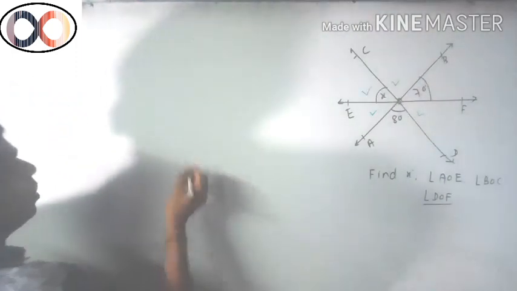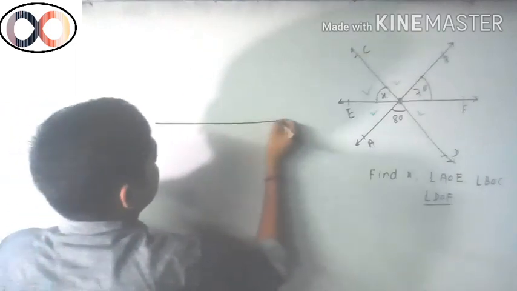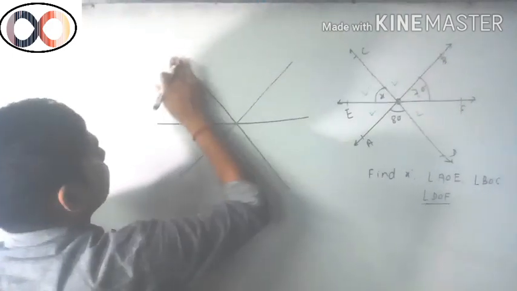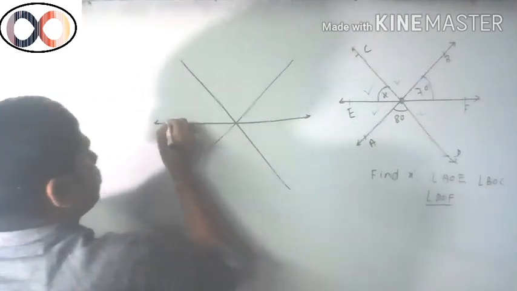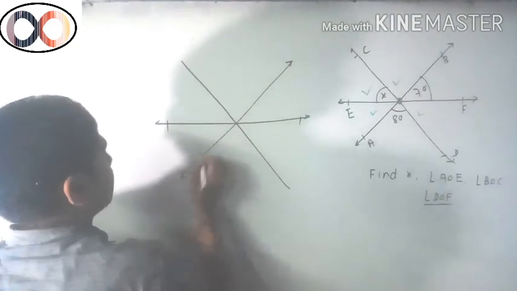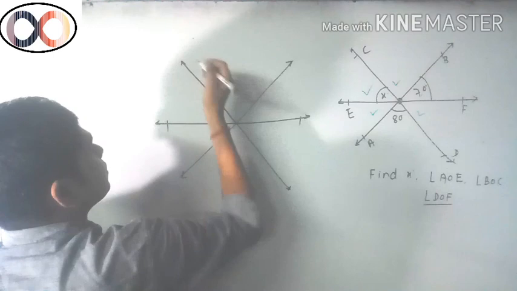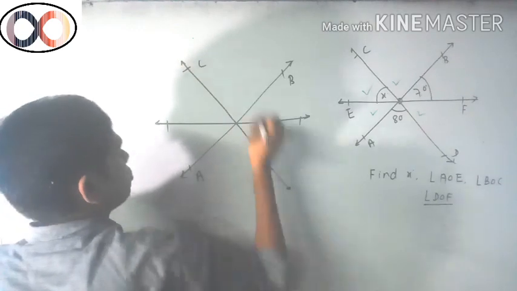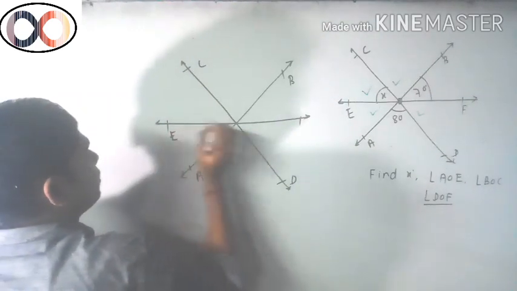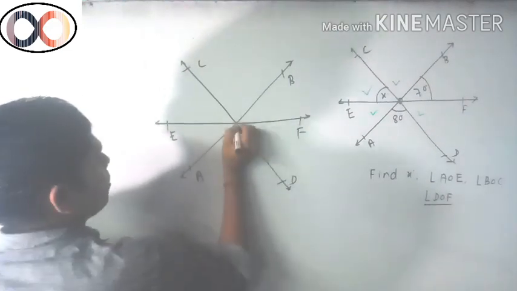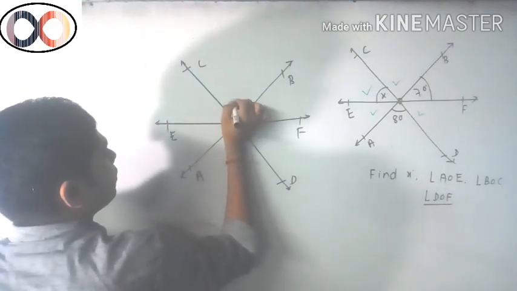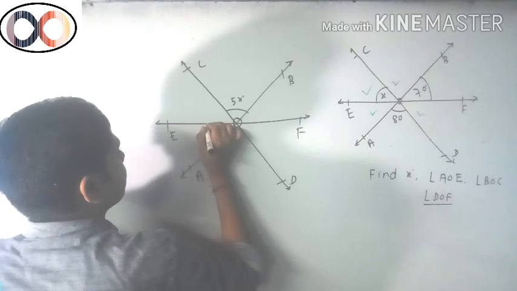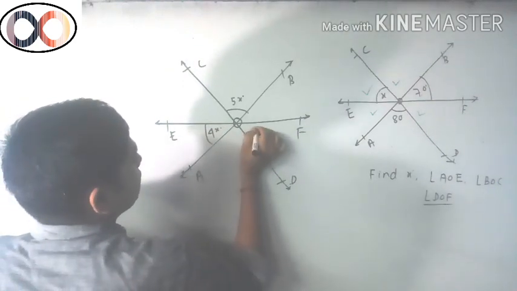Question number 2. Suppose here are A, B, C, D, E, and F. This is O, and here are angles 5x, 4x, and 6x.